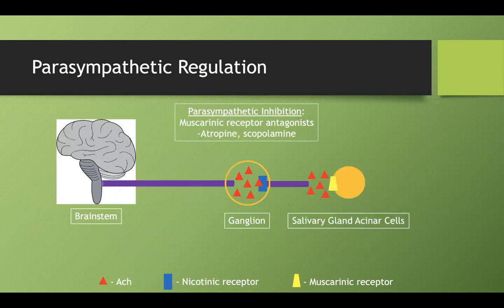But this time, atropine or scopolamine antagonize that receptor. They will block that receptor so that the salivary gland acinar cells do not output as much secretion. That's why if you give somebody a medication like atropine, they're going to have dry mouth, among other symptoms.